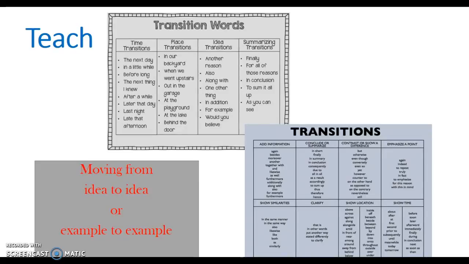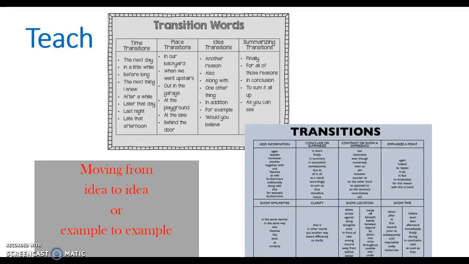Also, if you're writing sequential or order, you might use first, second, third, or you might say before or after. You might give descriptions like above or beneath, in or on, down, up.